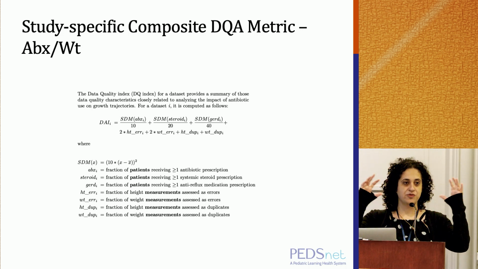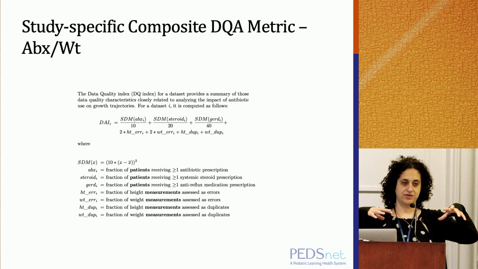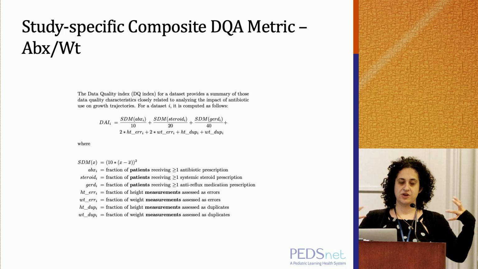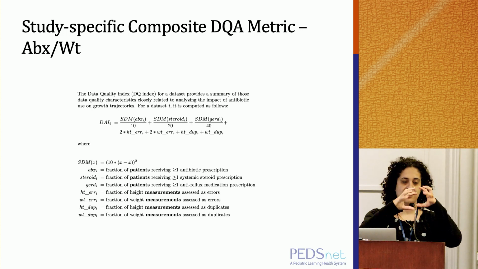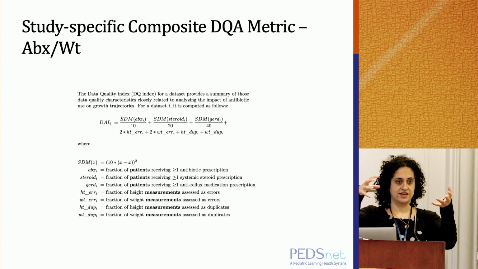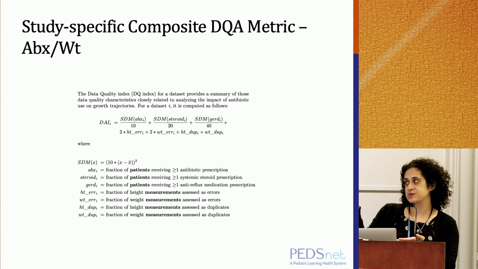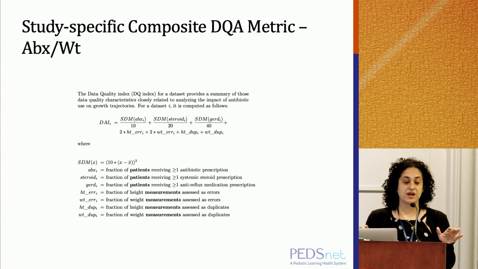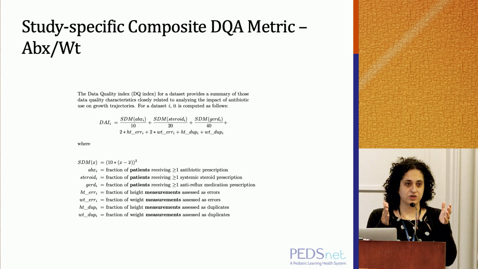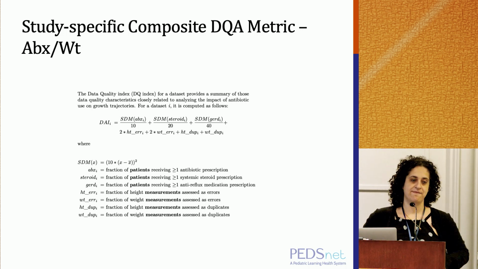PEDSnet is a huge consortium of different institutions or data marts, each group that has its data in an instance of the PEDSnet data model. So this was using PEDSnet, not OMOP. They're all using the PEDSnet data model, but they're different instances of it.